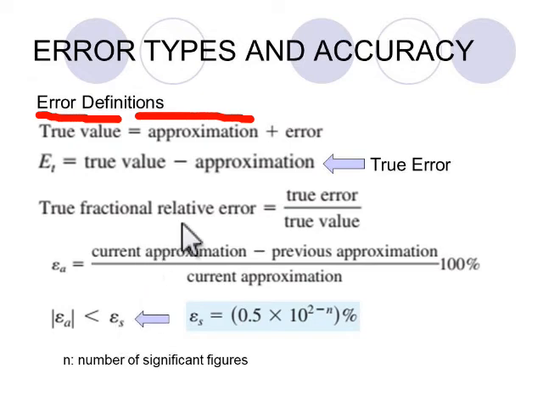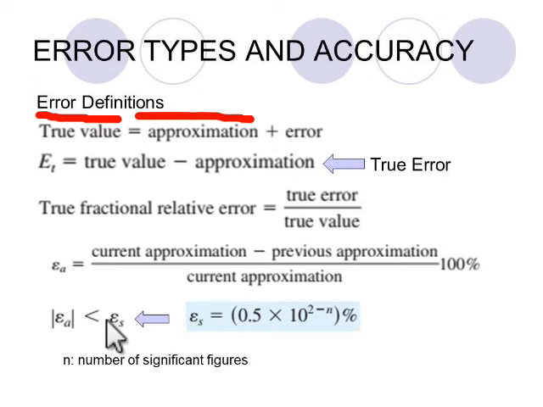Here also be careful about something. Now, the true error might be negative. True fractional relative error may also be negative. But here we use the absolute value in general in evaluating the error, relative percentage, or fractional relative error.